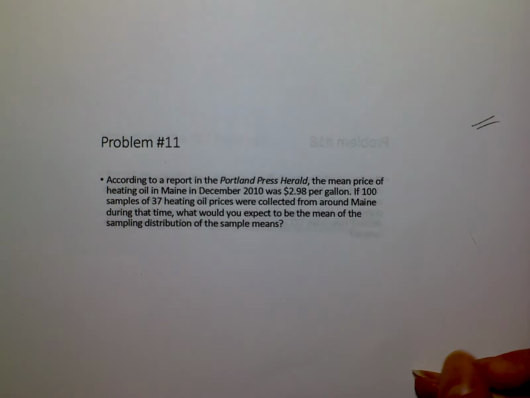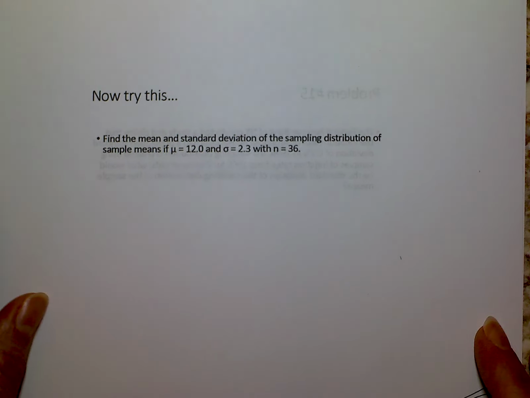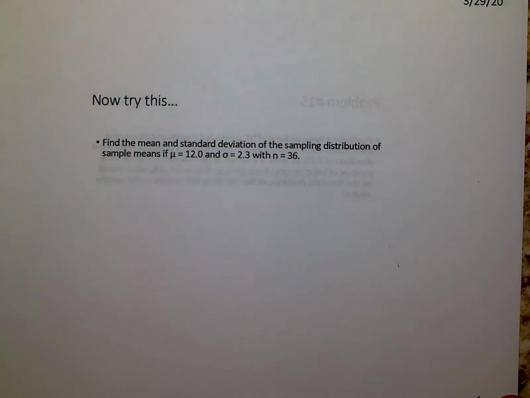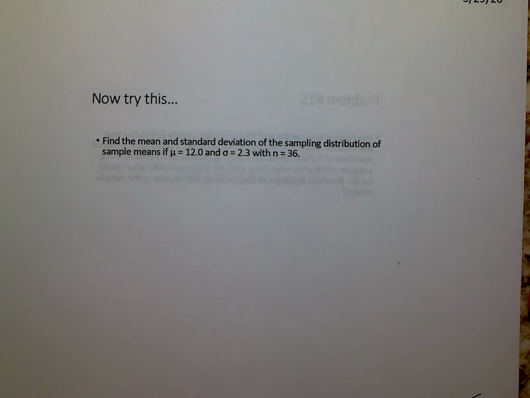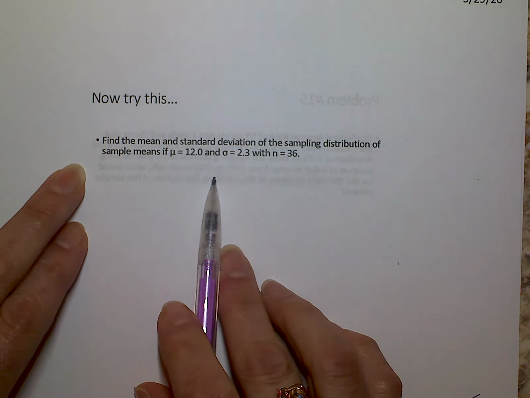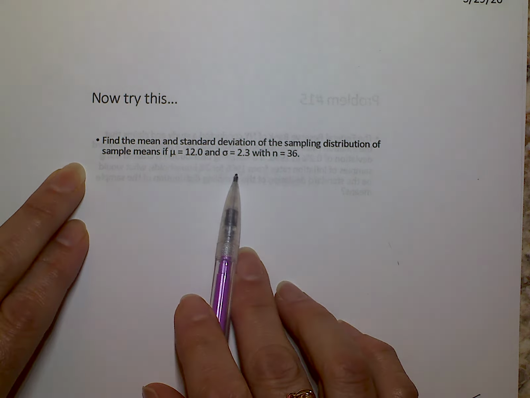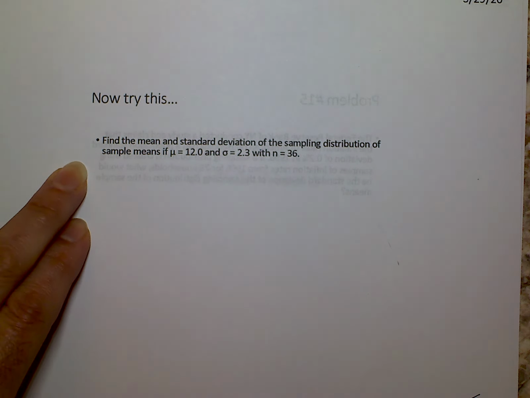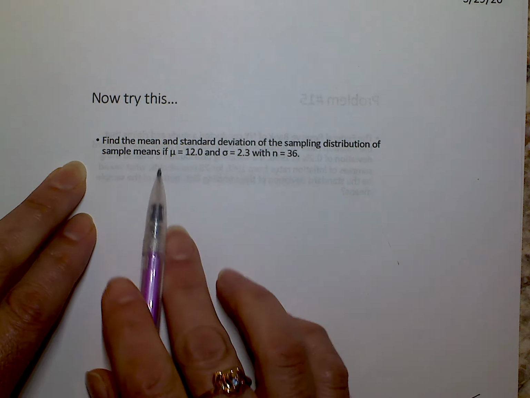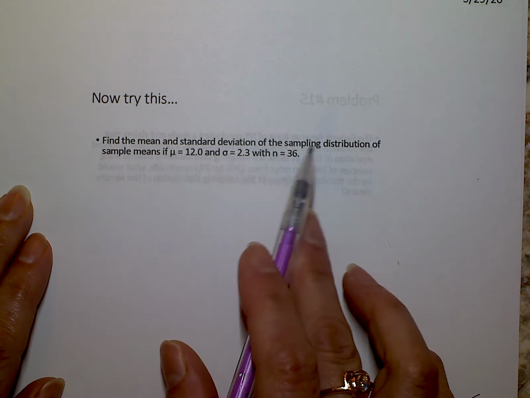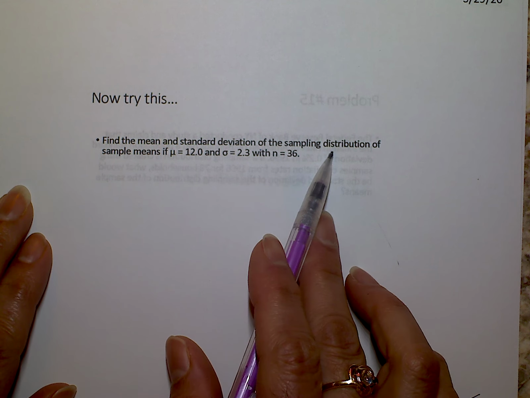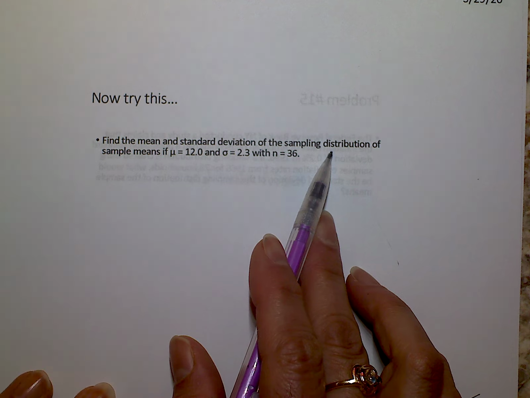All right. So we're going to look at this with just some numbers, and then we're going to throw words into it in the next video, okay? So this says the mean and standard deviation of the sampling distribution of sample means is what we're going to find.